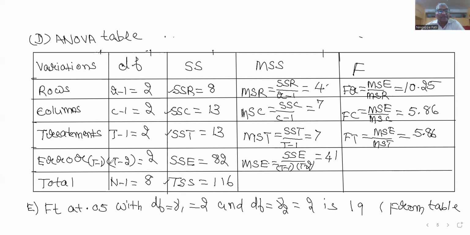And the error, look here, this is sigma 2, that is also 2. And from the table, you are getting 19. And compare this 19 value with these three, FR, FC, and FT.